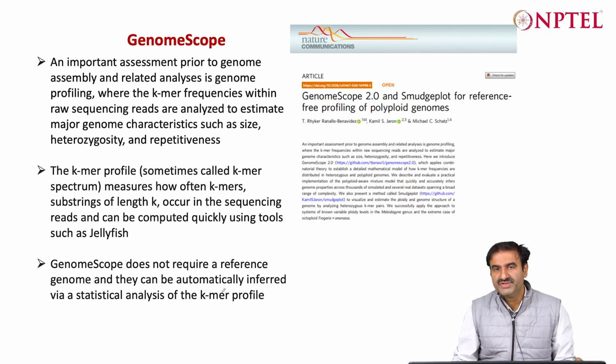Okay, so both GenomeScope and Smudgeplot were published together in Nature Communications, and they are widely used for this purpose. They will take the K-mer profile from Jellyfish as input, and use it to generate the statistics for the genome assembly, that is the heterozygosity and the K-mer frequency.